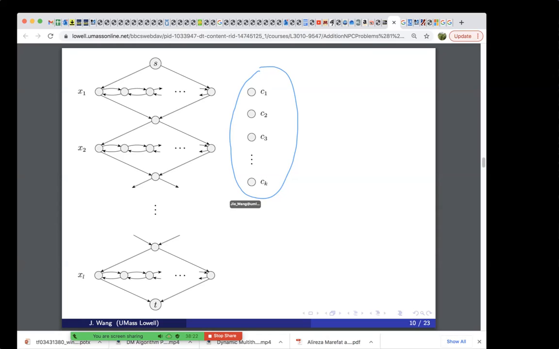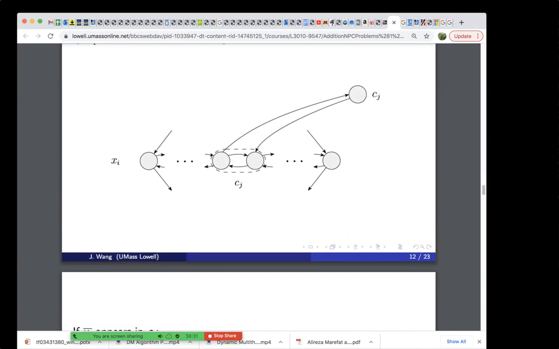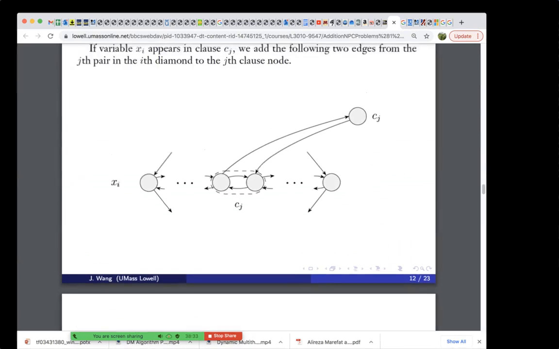So now let's look at how these nodes are connected. Okay, so this is how we do this.